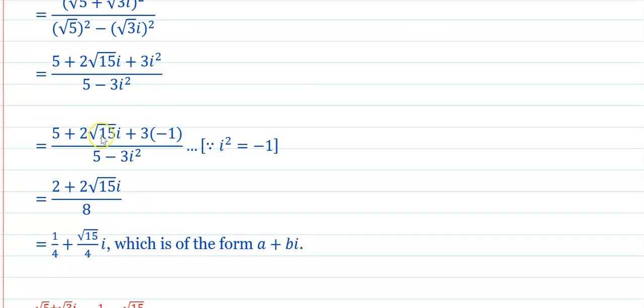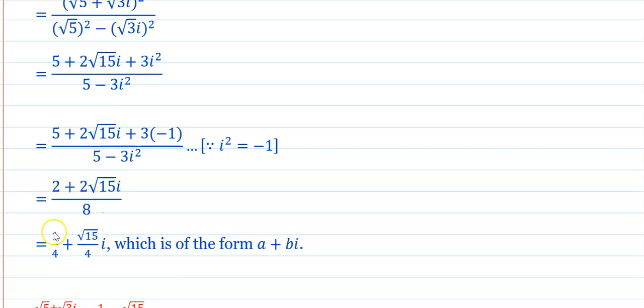So 2 plus 2 root 15 i upon 5 minus 3 i square. But again here i square is minus 1. Minus 3 into minus 1 you will get plus 3. 5 plus 3 you will get 8. And hence 2 plus 2 root 15 i upon 8.